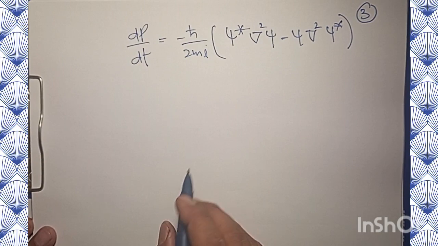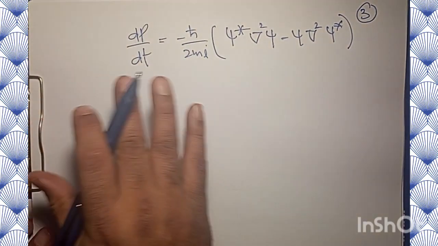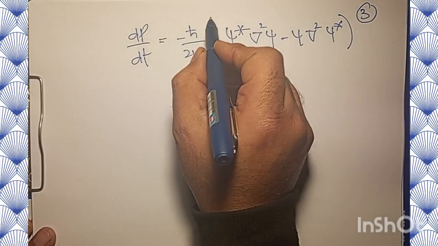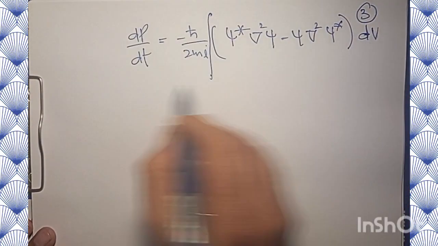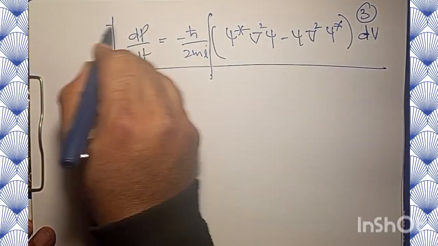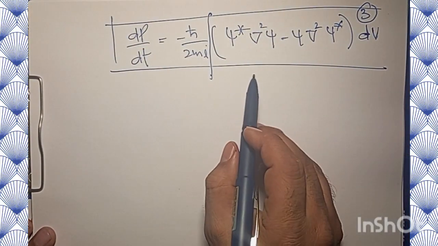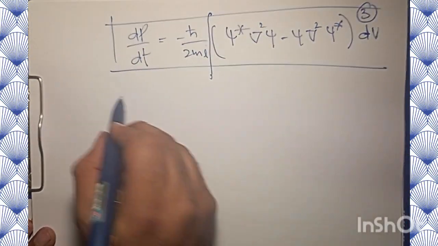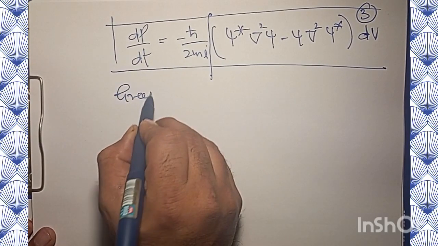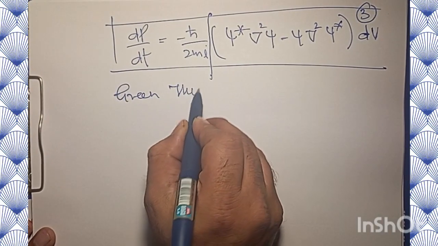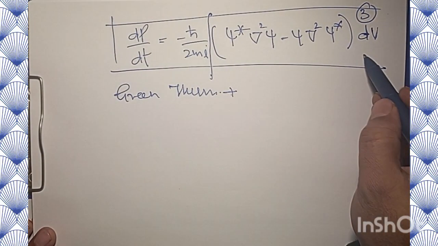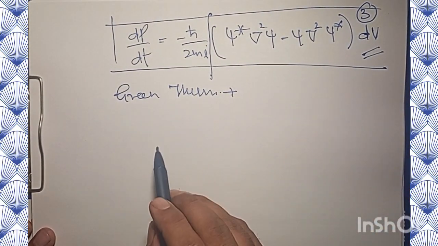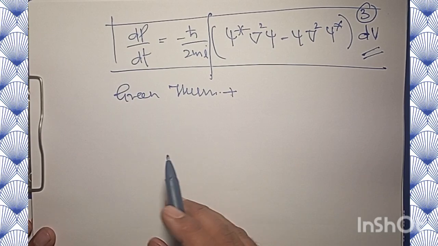Now I have to take the integral of this, so this will be an integral over the volume dV. That's how we define it, and I can immediately think of using Green's theorem here, which converts the volume integral into the area integral.